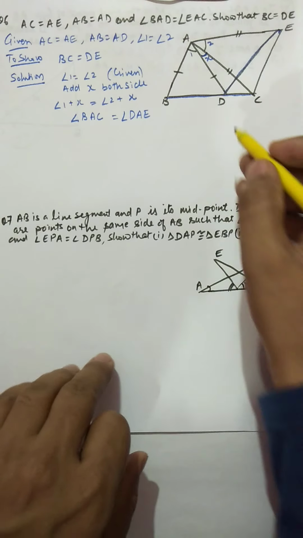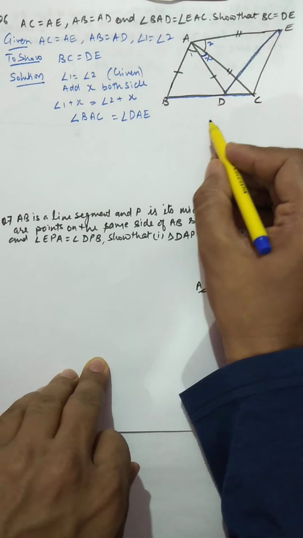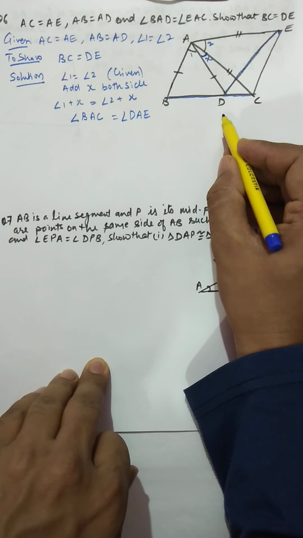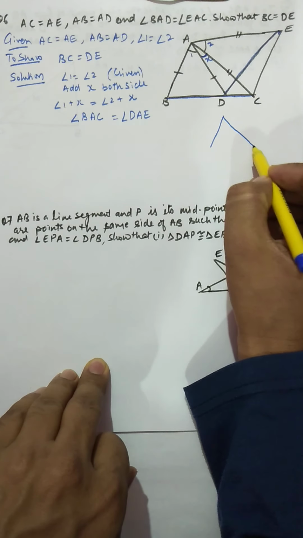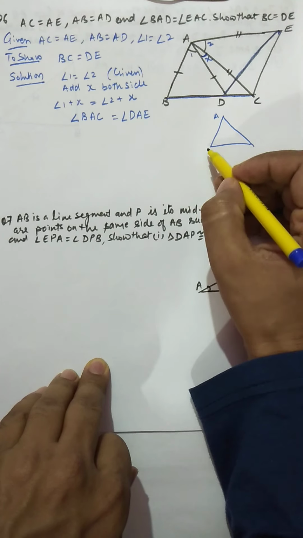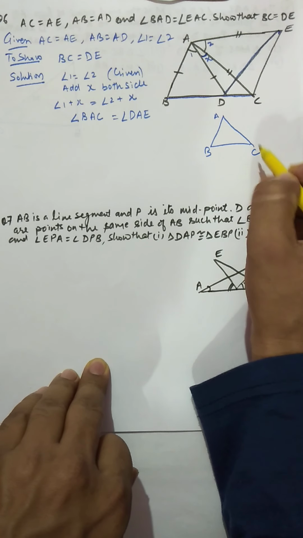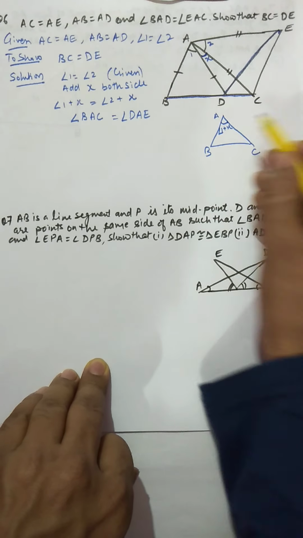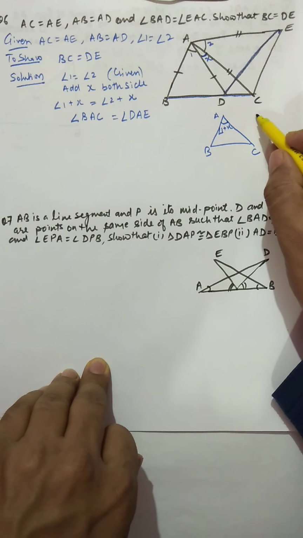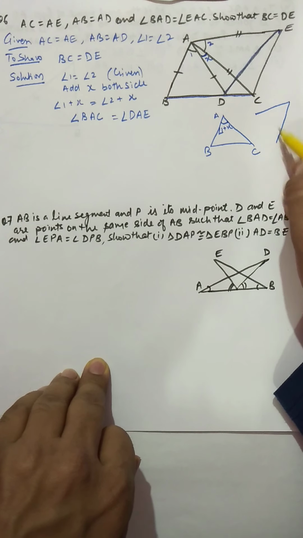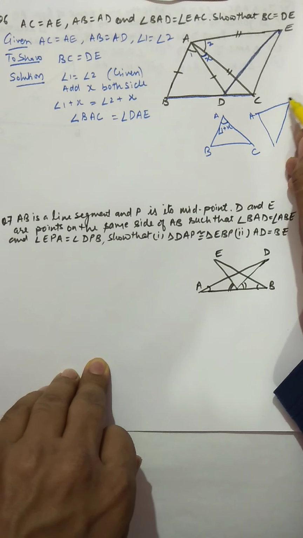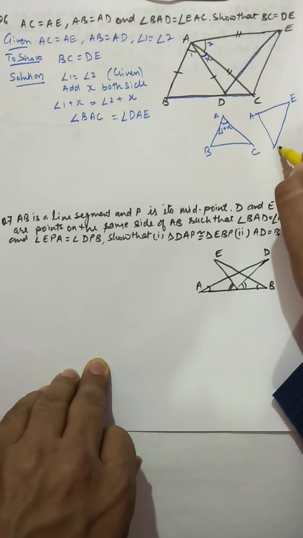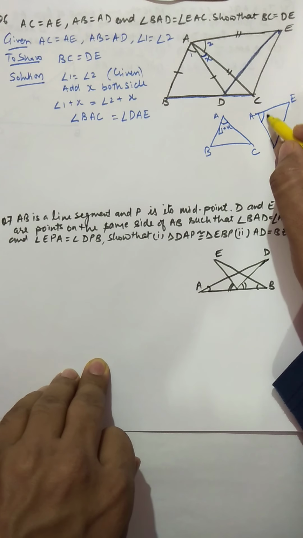So now we start from this information, and I can make these two triangles in another form, like this is your A, this is B, and this is C. So this is your angle 1 plus X, and let's say this another triangle, this is A, this is E, this is D, and this angle is X plus angle 2.